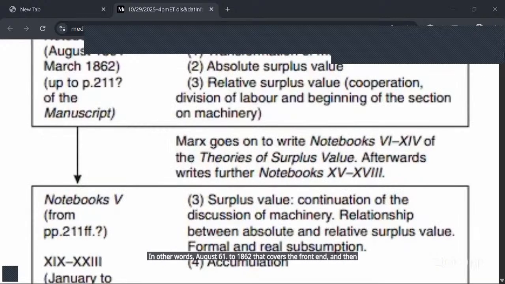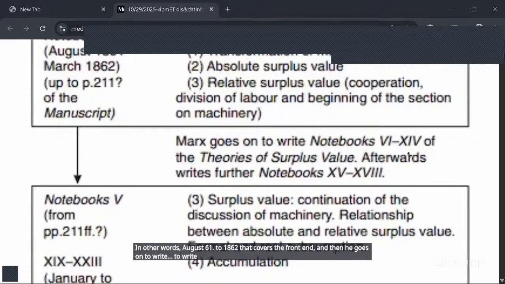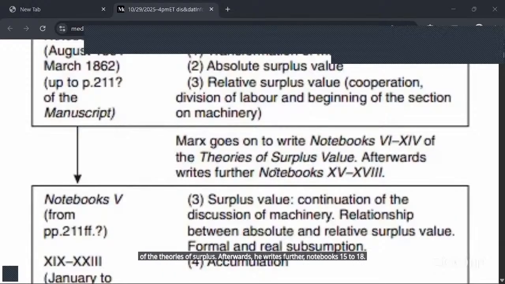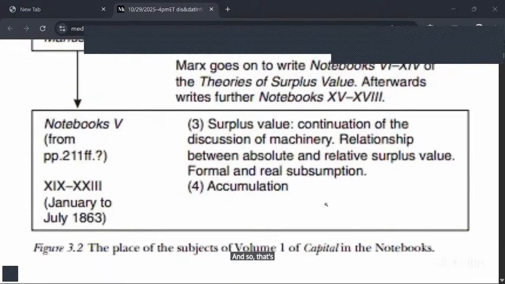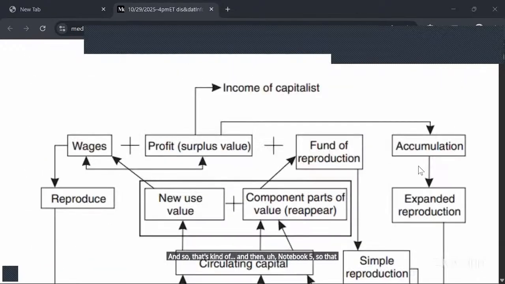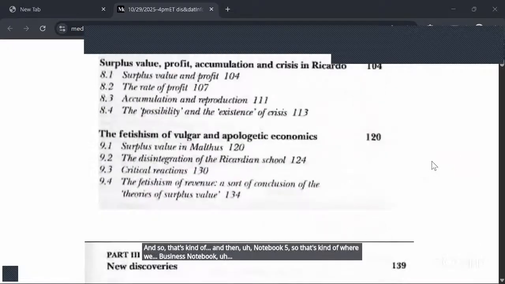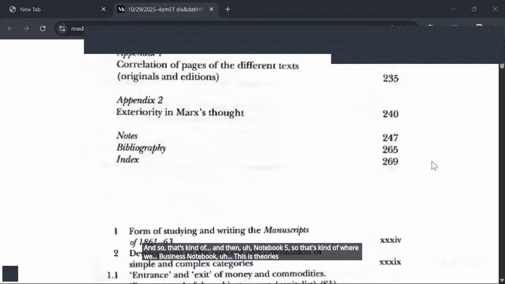And then he goes on to write notebooks 6 to 14 of the theories of surplus value. Afterwards, he writes further notebooks 15 to 18, and then notebook 5. So that's essentially where the theories of surplus value sit.